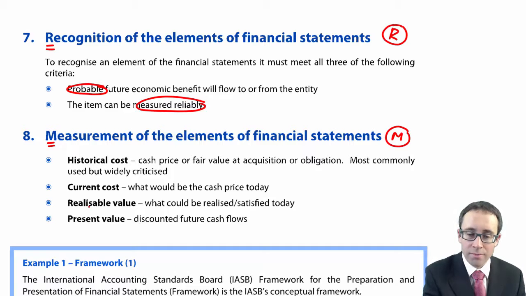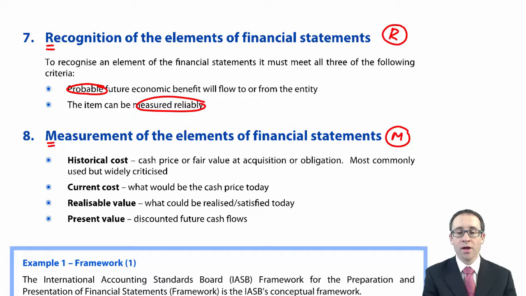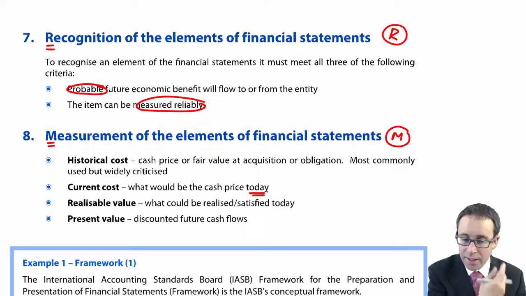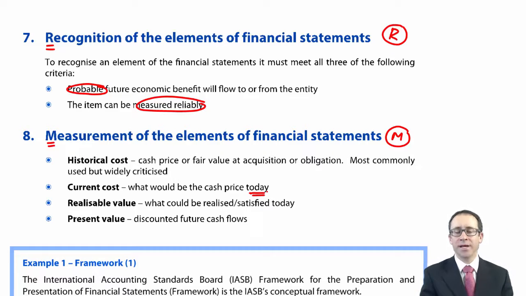So if the historic cost method is not particularly appropriate, what you could do there is look at the current cost method. So what you could do there is look at the cost today. Okay, so we're thinking about inflation. Imagine you've bought some inventory. You know what the value of the inventory was when it was bought. That may be a year ago. Okay, it could be 6 months ago. In terms of your property, plant and equipment, that could be several years ago, couldn't it?